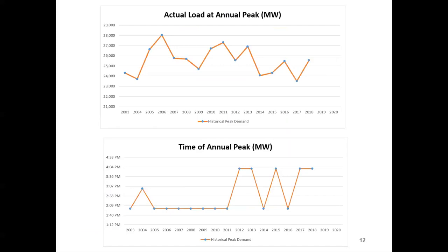That was the prime hour. But more recently, it's been oscillating between starting at 4 o'clock or starting at 2 o'clock, and that has a lot to do with the penetration of solar on the grid, possibly pushing the peak hour later, because there's a lot of behind-the-meter solar.